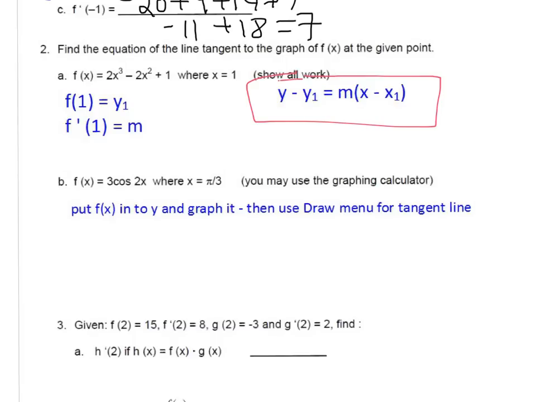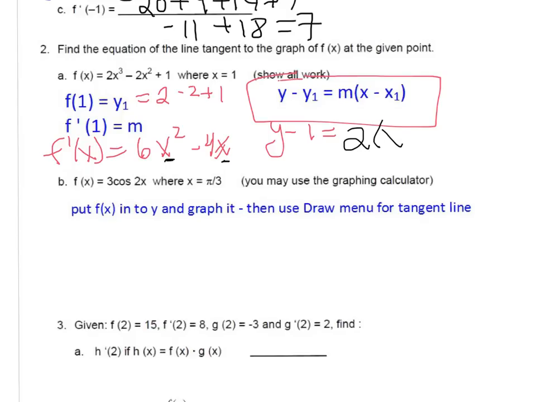So plugging everything into the correct spot, we've got y minus y1, which is the value when you plug in 1 to the original, which is 2 minus 2 plus 1, so that's 1. The slope is when you plug 1 into the derivative, so let's find the derivative function. F prime is 6x squared minus 4x. So when we plug 1 into each x here, that's going to give me a value of 2. And then x1 is our x value that's given.